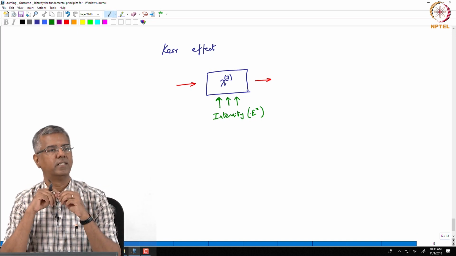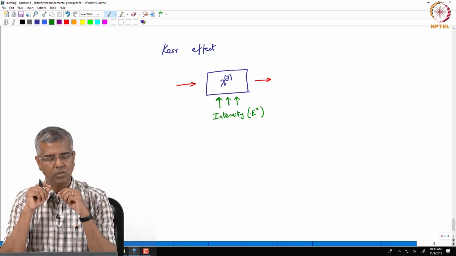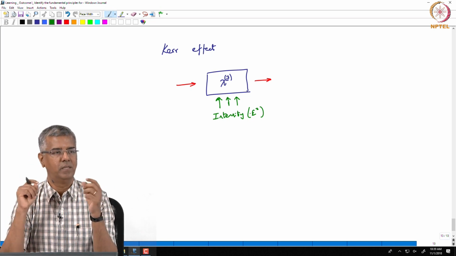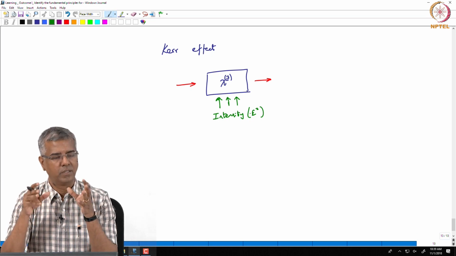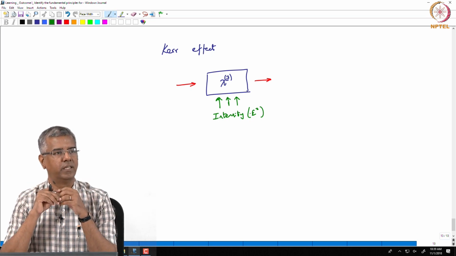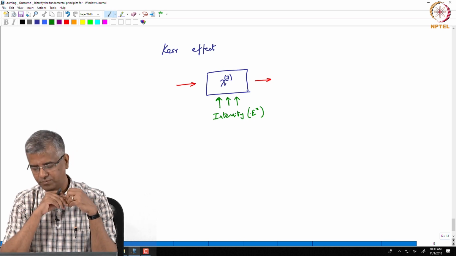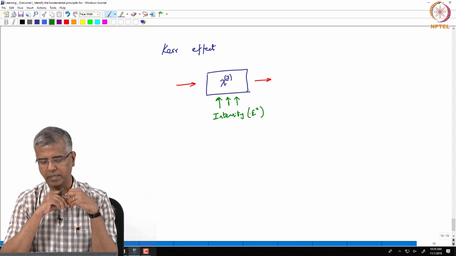Do you understand that? The speed at which you can do modulation in the Pockels effect is limited by what you have with all your electrode configuration, the bandwidth of your electrodes, bandwidth of that circuit there.